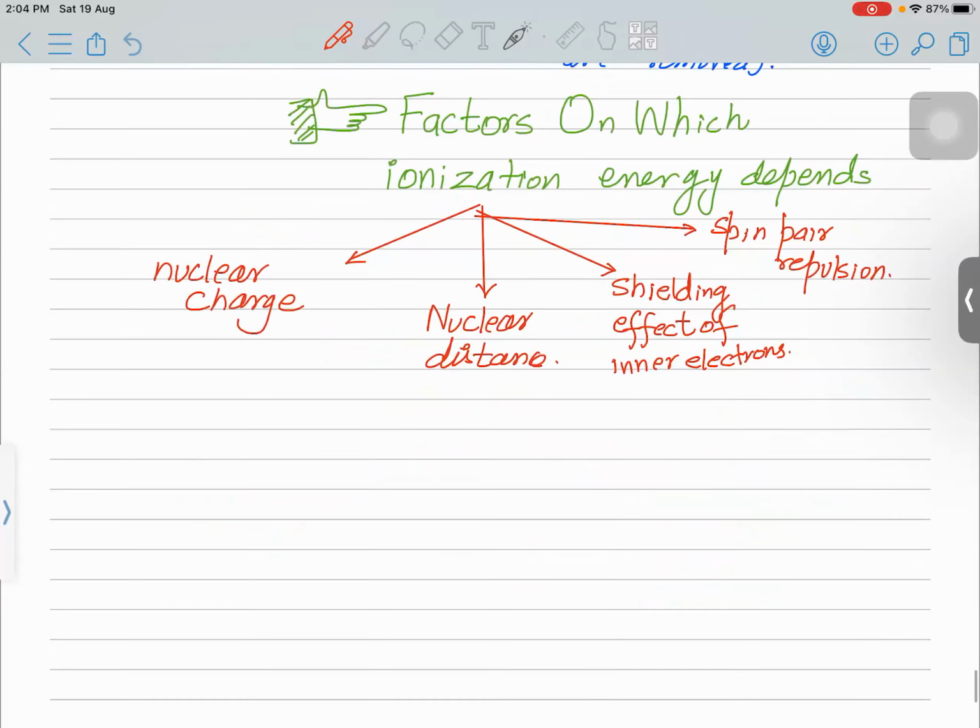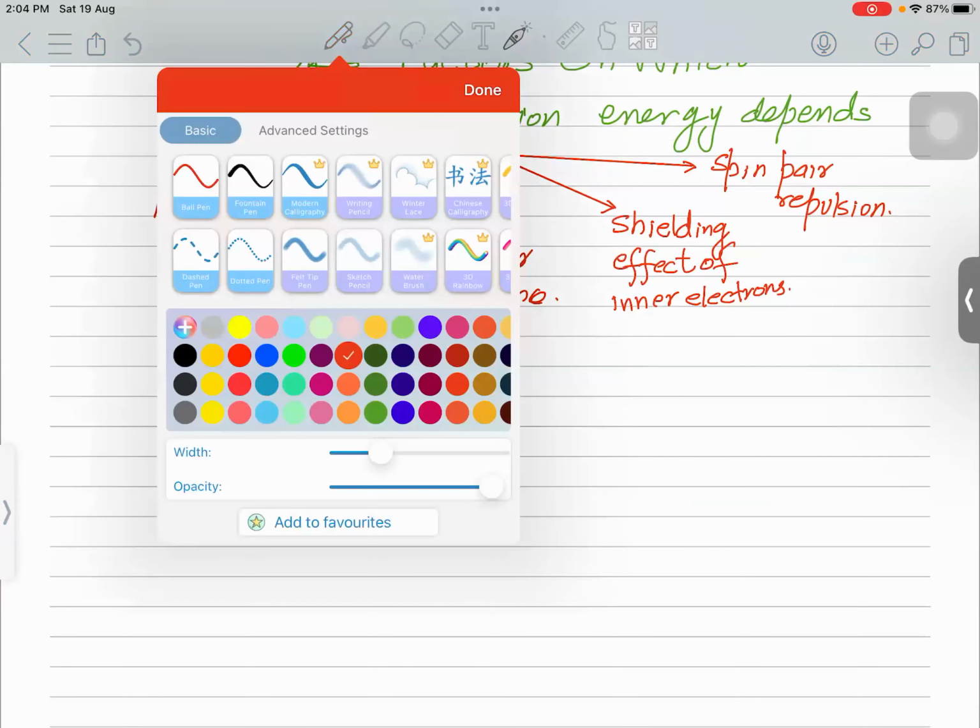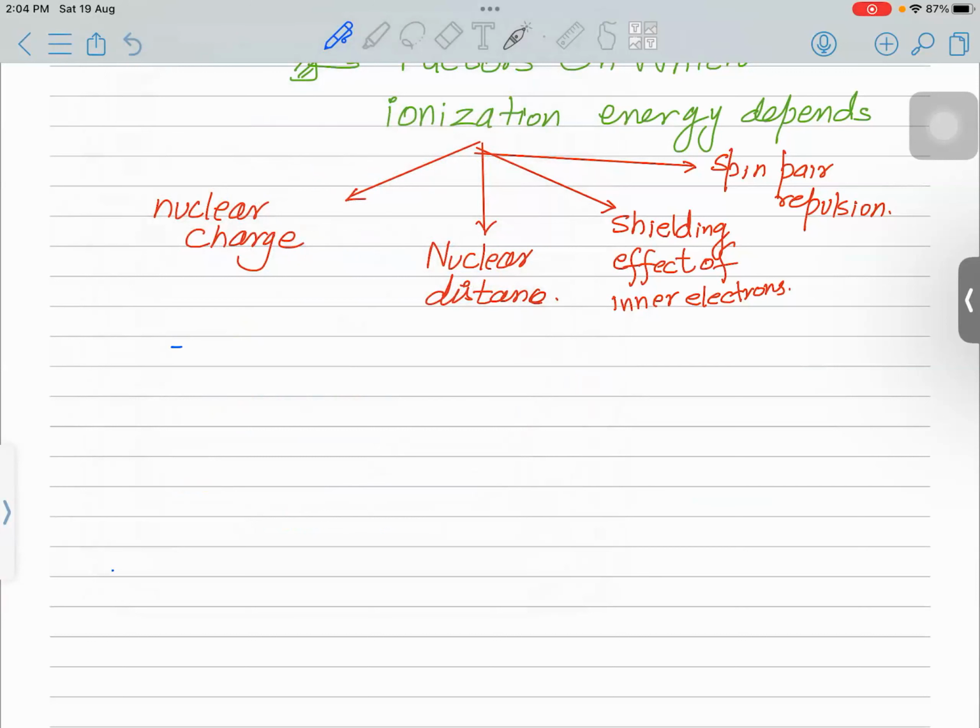So the first factor is nuclear charge. But what is the meaning of nuclear charge? Mohammed, do you know?